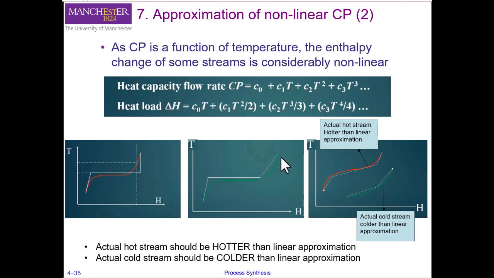So that is for the cold stream. And for the case of hot stream, the rule is that we linearize our CP in a way where the actual hot stream is hotter than the approximated hot stream. And also we try to approximate it as close as possible, like as you can see here, not what we have in the previous slide.